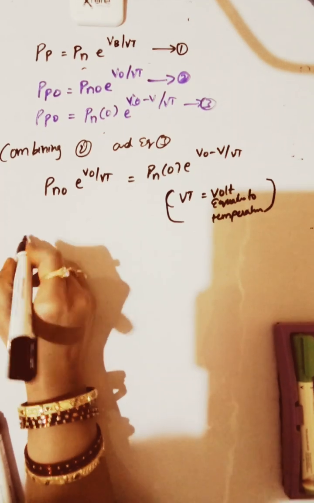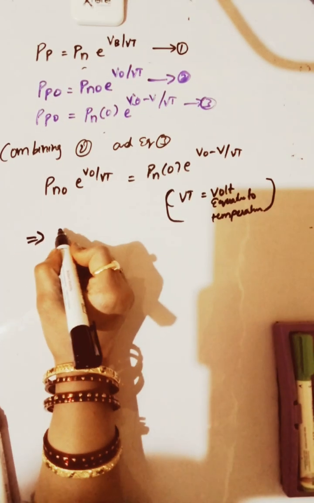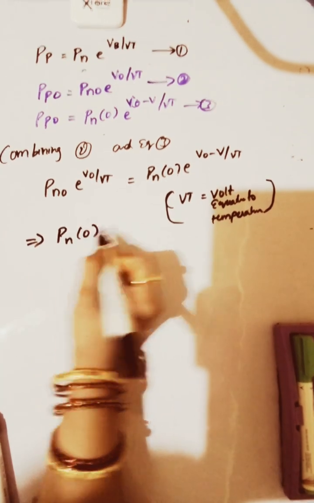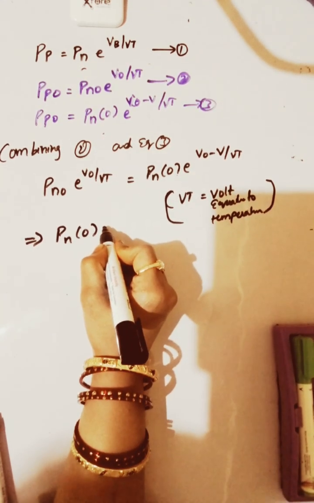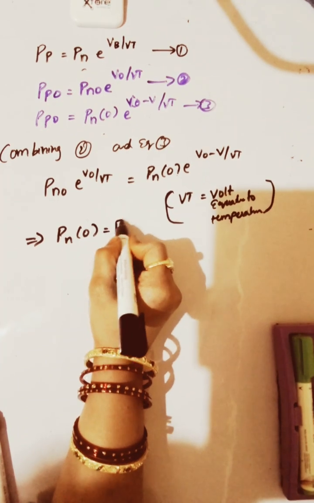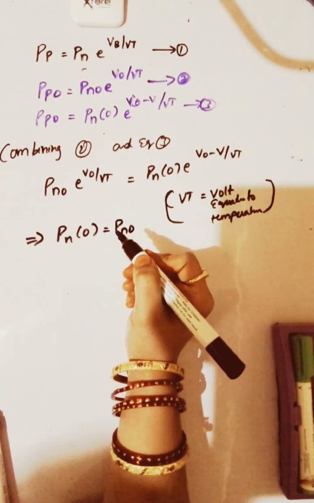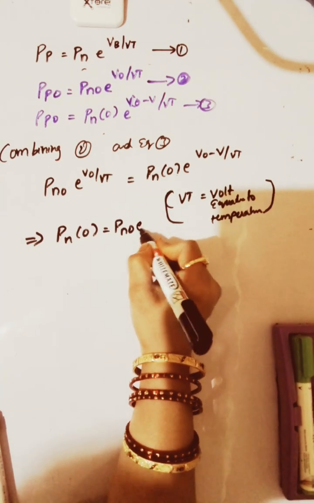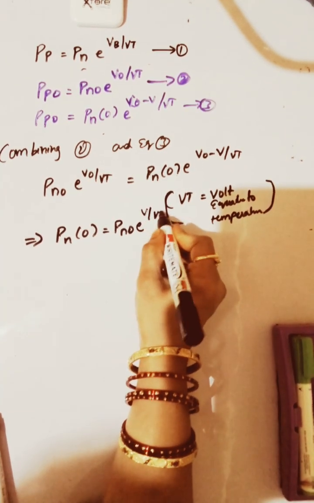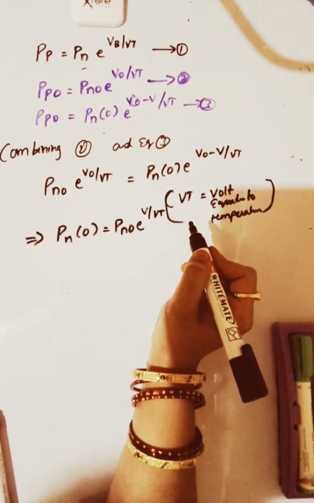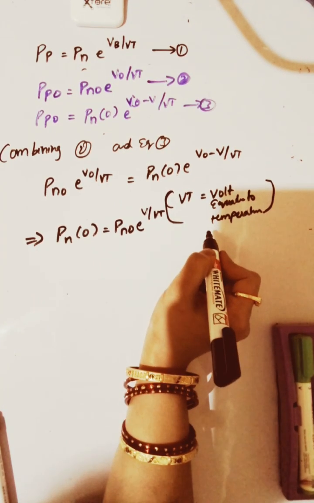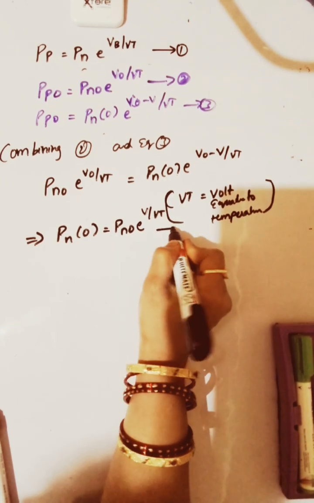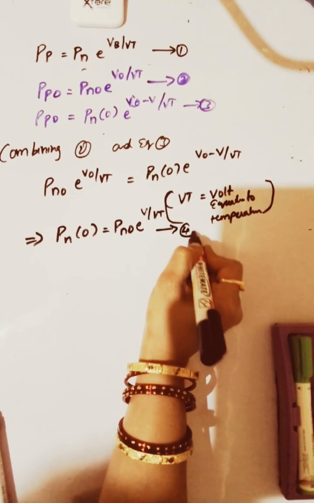Now the equation will be Pn(0) is equal to Pn0 e to the power of V by Vt. This is equation number 4.